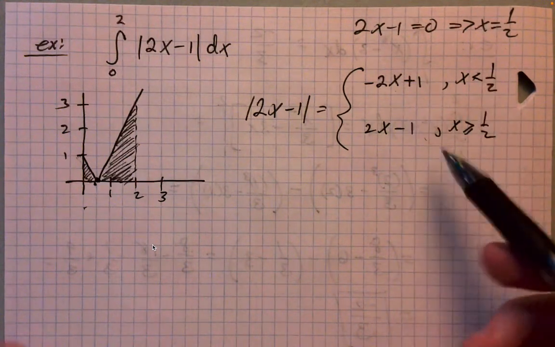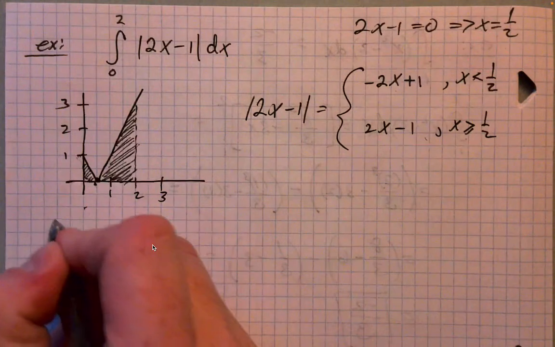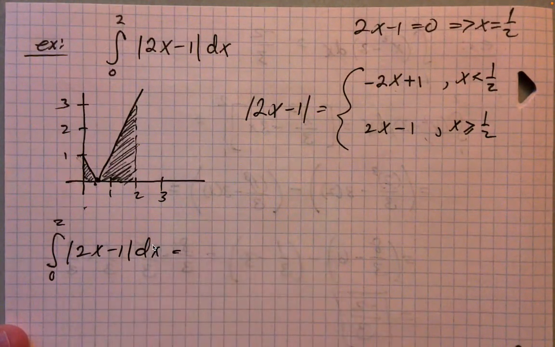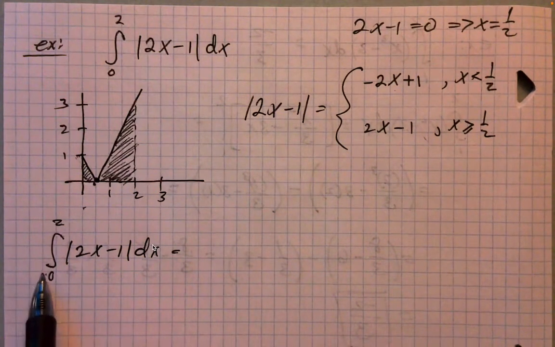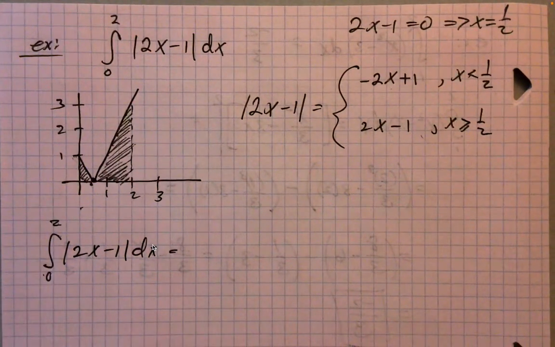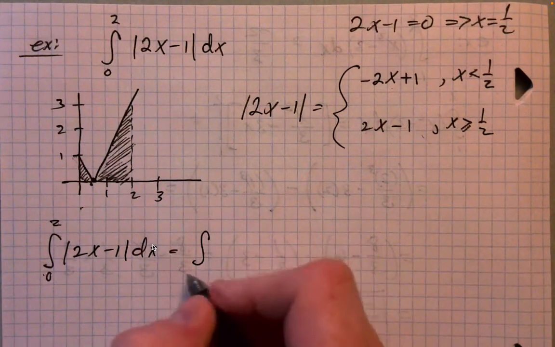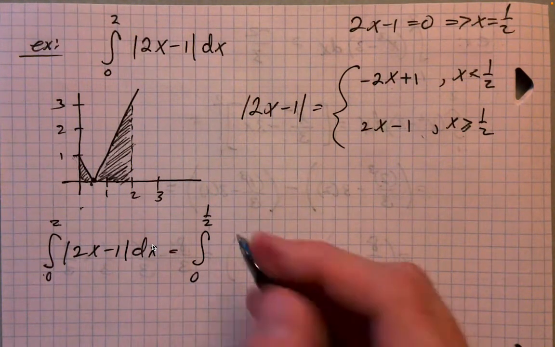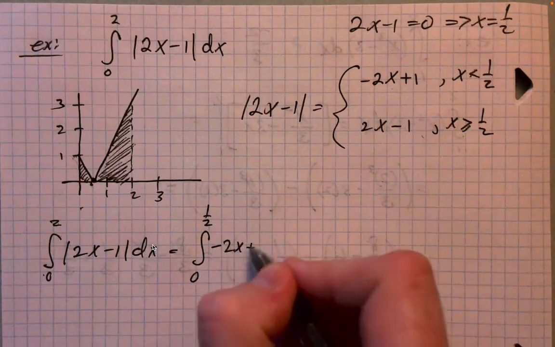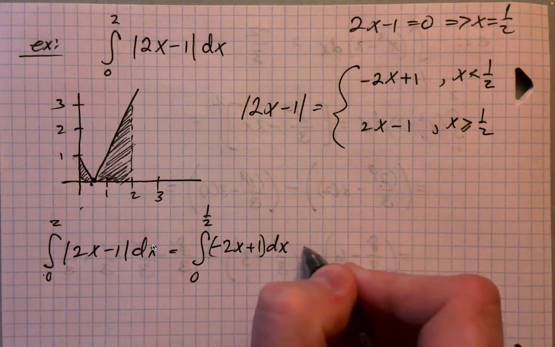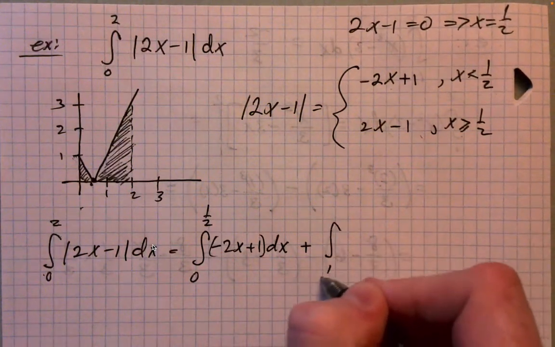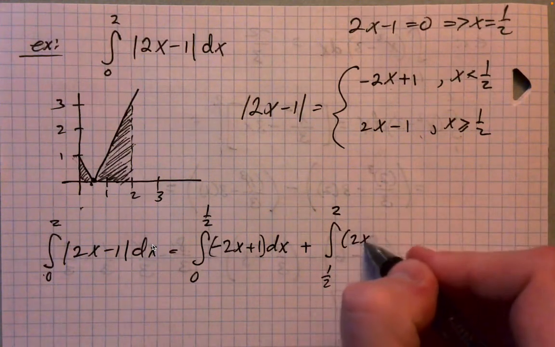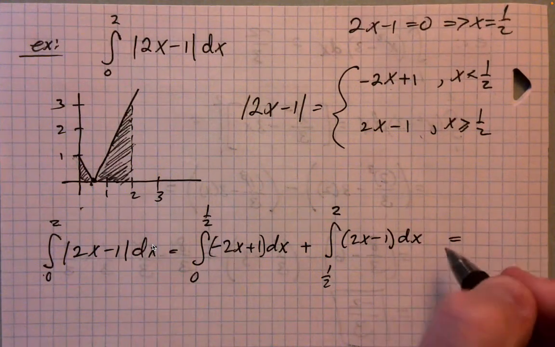So you can set it up like this, and then we can use this nice property of definite integrals where we can break the range of the integration into two pieces, in this case just two. We'll go from 0 to 1/2, and over that interval, the function looks like negative 2x plus 1. And we're going to add to that the upper section from 1/2 up to 2, and over that interval, it's 2x minus 1.